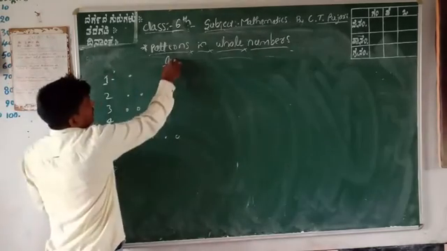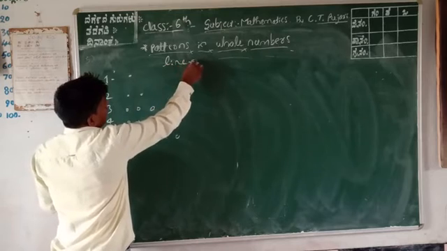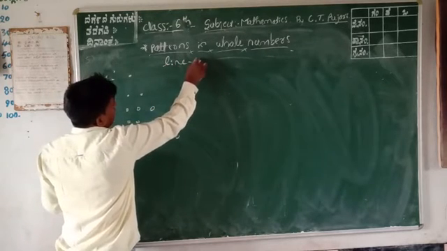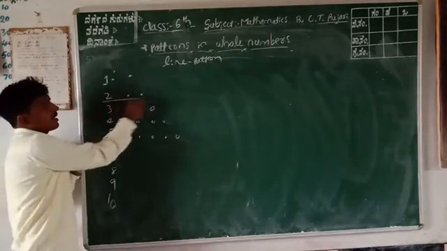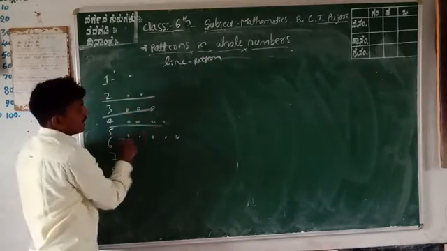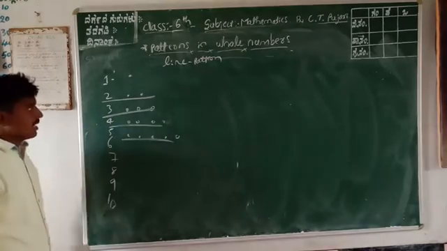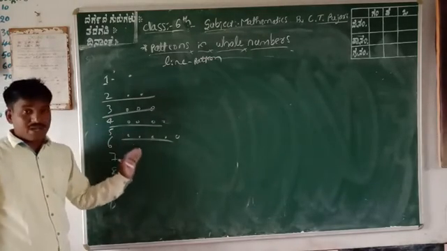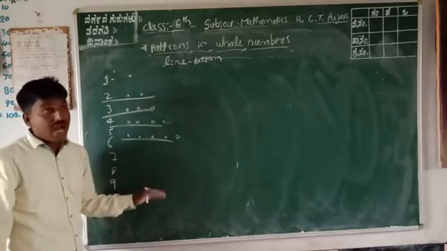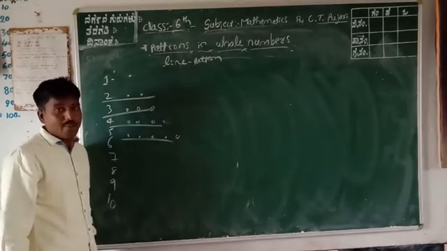Line pattern. This is one line. In the numbers, the rearrangement in a line pattern is like the line in your geometry.